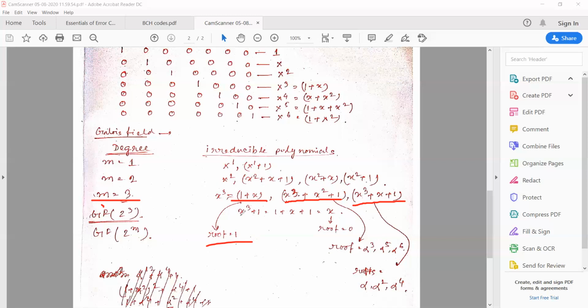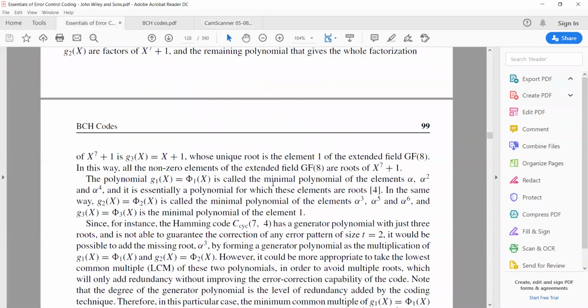And again, for x cube plus 1, this is x, right? And the root is 0. So this is another minimal polynomial, of element 0. So this is basically written here.